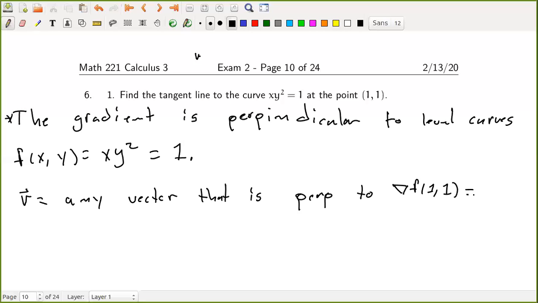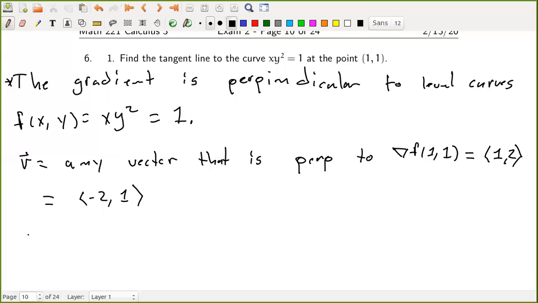And I will let you compute this. This is just equal to 1, 2. So for example, we could take v to be equal to minus 2, 1. This vector, minus 2, 1, is perpendicular to this vector, 1, 2.